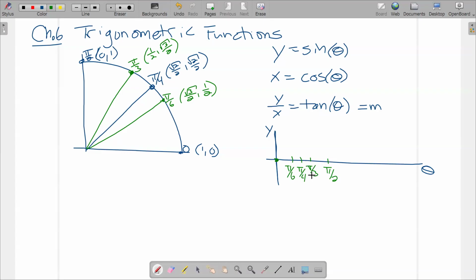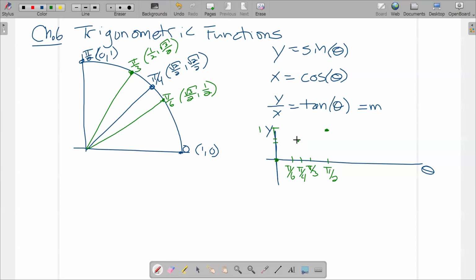So if we graph just the y value versus the angle, then we're going to have a peak y value at pi over 2 versus 1 for y. And then we're going to increase toward that. So at pi over 4, square root of 2 over 2 is about 0.7. So if that's 0.5, 0.7 is around here. So we should get a point around here.